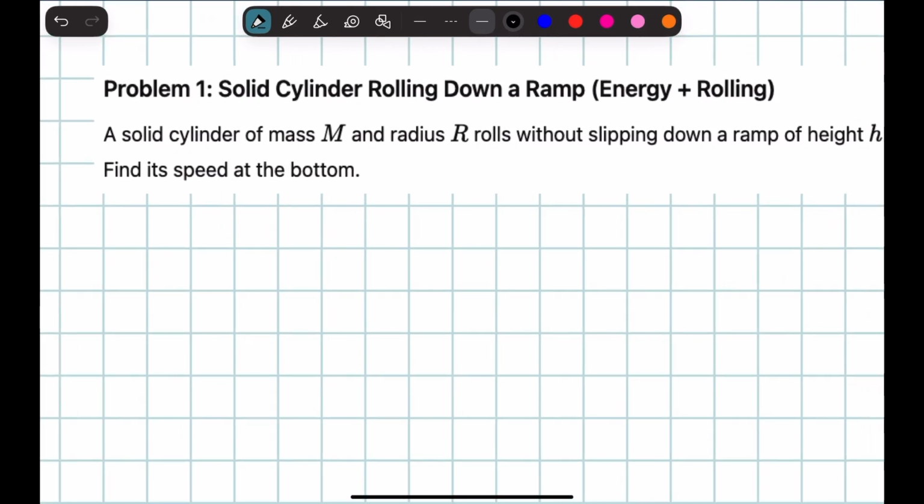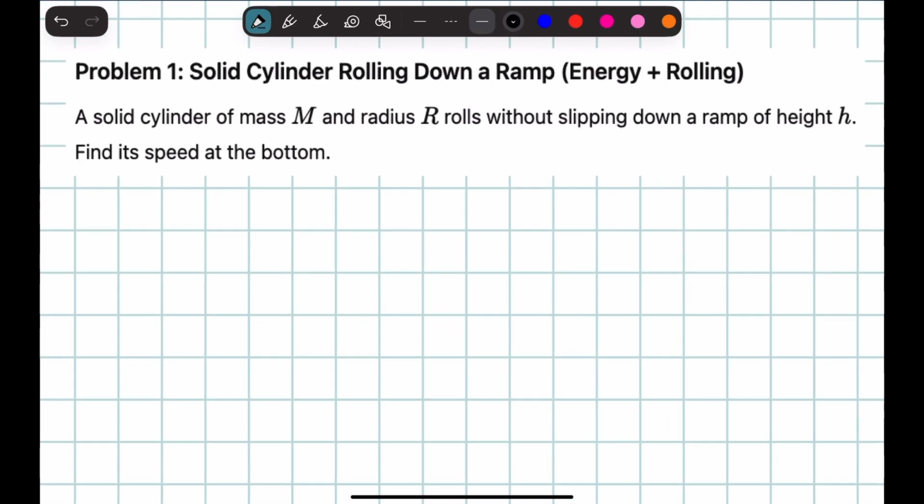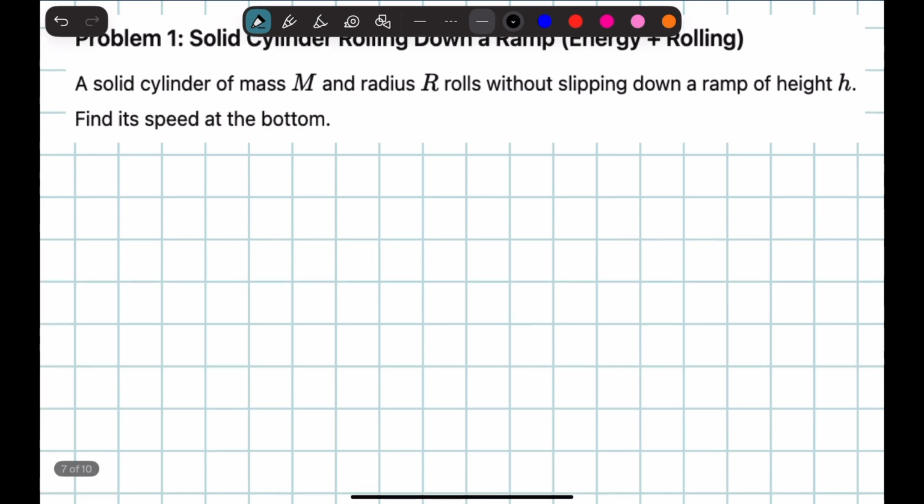Let's say we have a solid cylinder of mass m and radius r that rolls down without slipping a height of h on a ramp. Find its speed at the bottom. First you have to identify the energy conservation. There is energy conservation because there is no slipping, so mechanical energy is conserved.